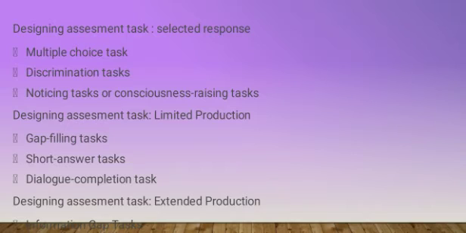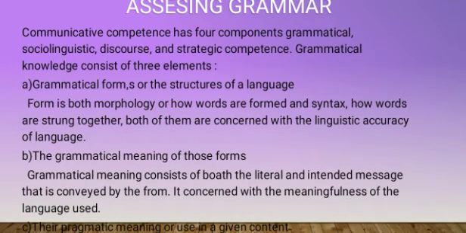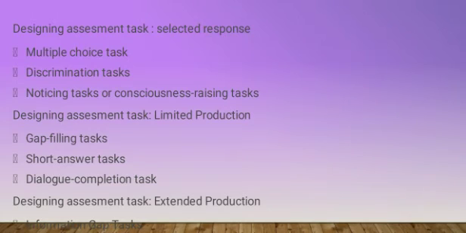Next, dialogue or completion task. The input is presented in the form of a short conversation or dialogue in which a part of the exchange or the entire exchange is left blank and the expected response is meant to be grammatically correct.